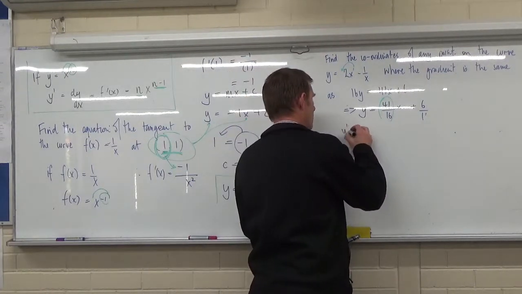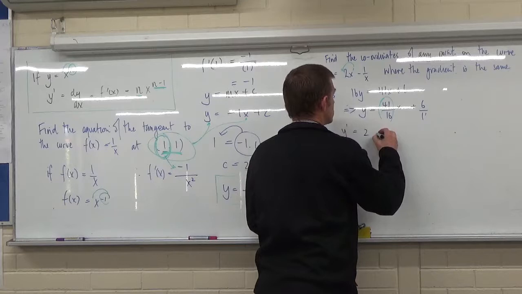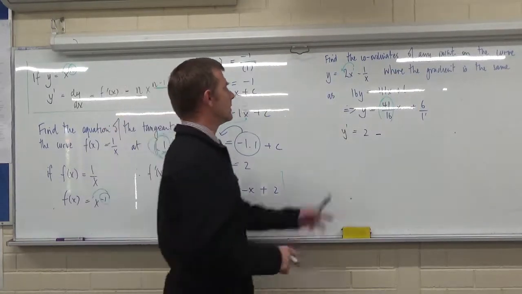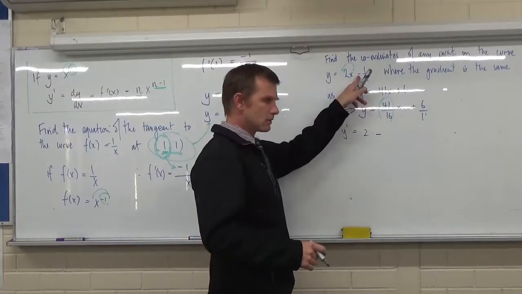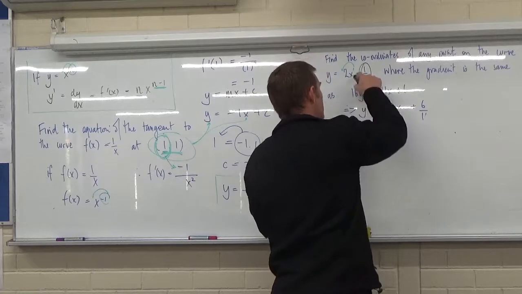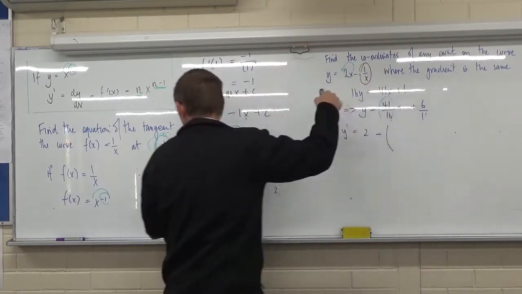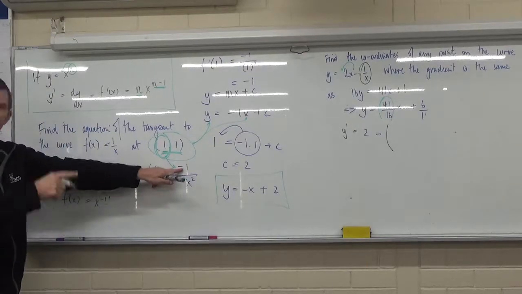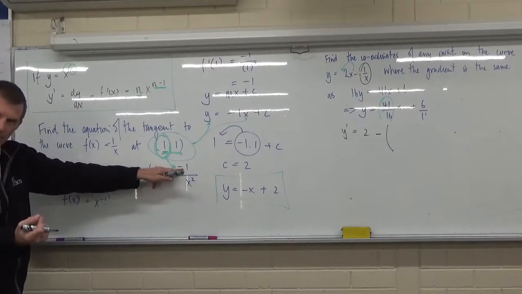Here we go. y dash equals 2 minus... I see where the issue is. It's 2 minus brackets. Now, not the negative part, that becomes that. So it's negative over negative, right?